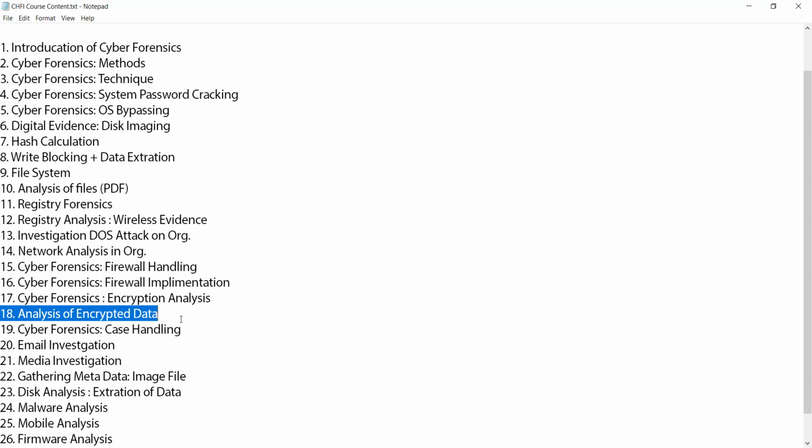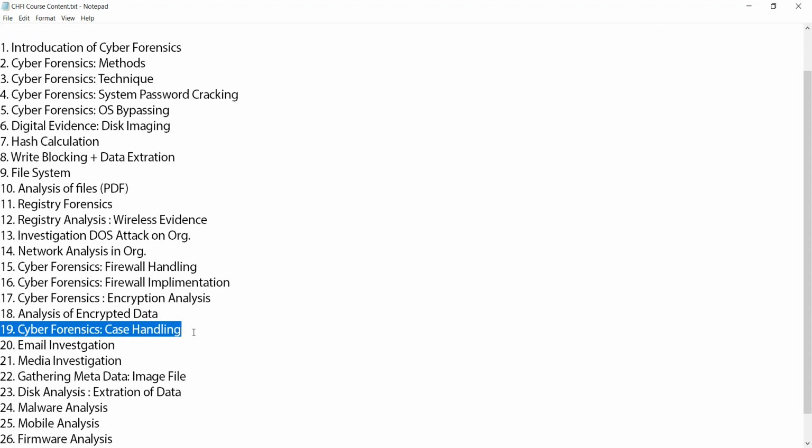After that, if we get different types of encrypted data, we will see how we can find out what type of encryption procedure was used on that particular encrypted text. We need to discuss those things in the module of cyber forensic encryption analysis and analysis of encrypted data.